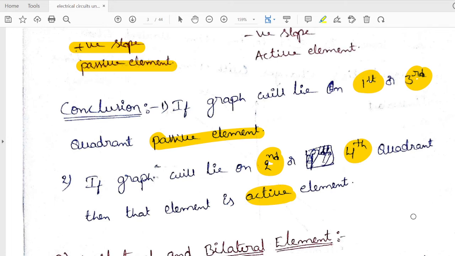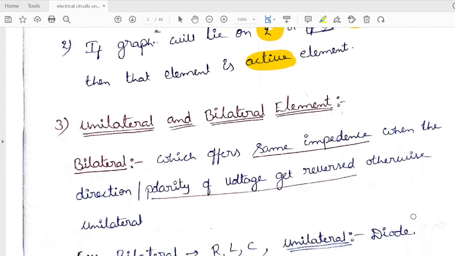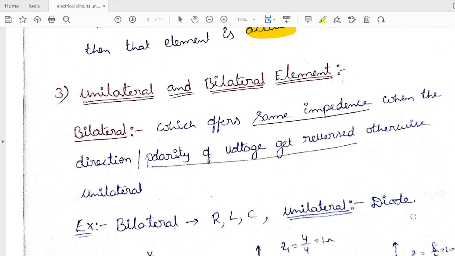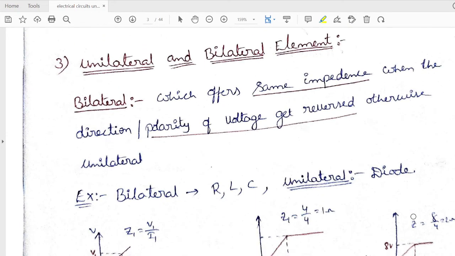Let us go further. Third classification is unilateral and bilateral elements. See, an element is said to be bilateral if it offers the same impedance when the direction of current or polarity of the voltage gets reversed. Otherwise, it is said to be unilateral.